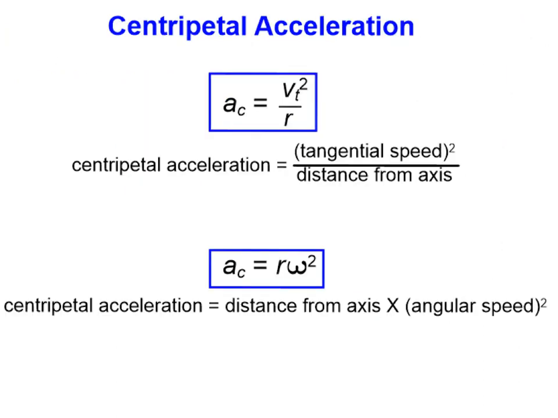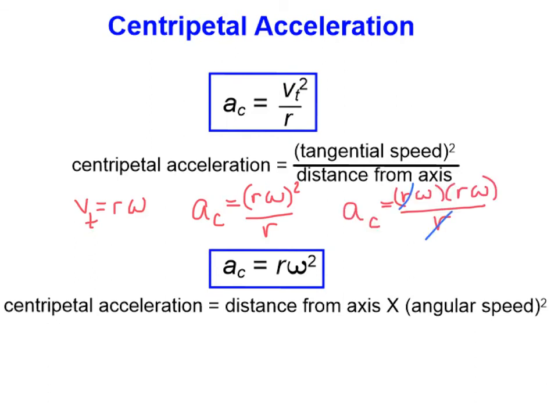So here we have our centripetal acceleration formula. And the interesting thing, we can also derive another equation from it because we know this relationship here. We can substitute these variables into this equation, and then we can reduce that equation a little bit.